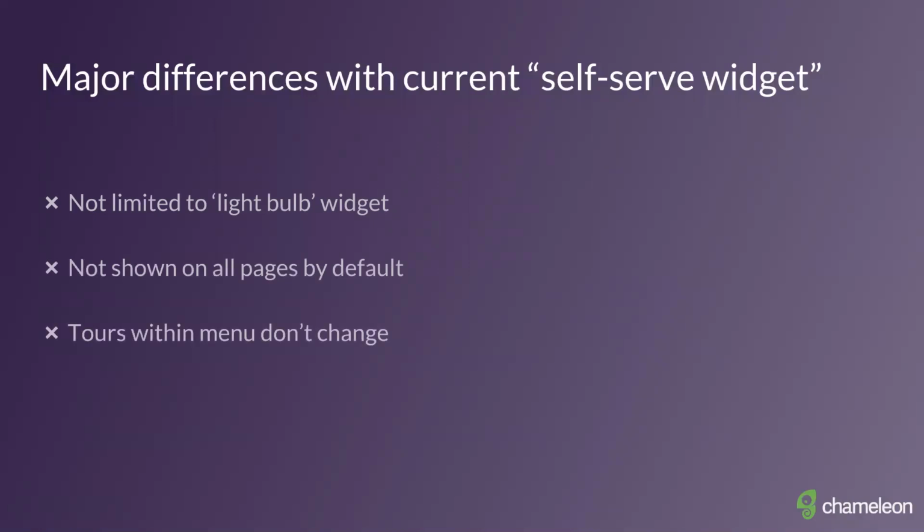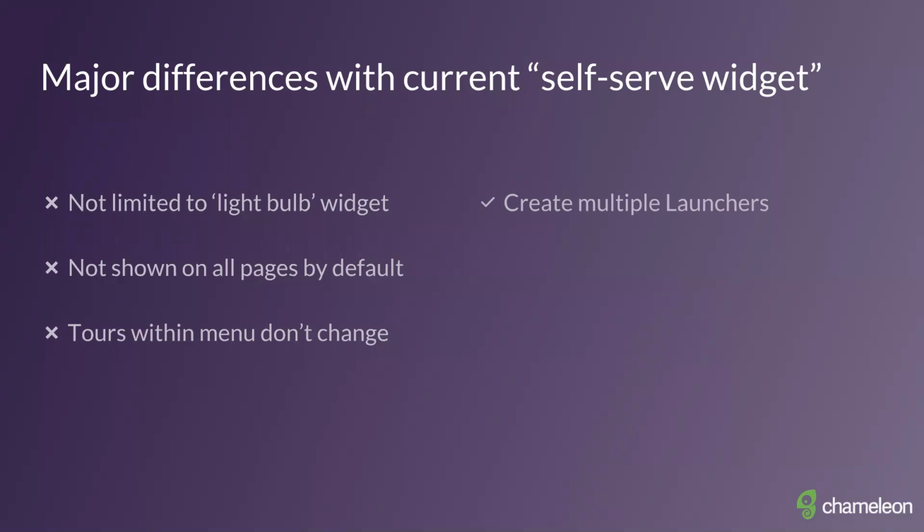And one thing, to avoid and reduce confusion, is that you don't change the list of tours that appear within a menu, so it's not different to different users. You can compose the whole launcher to be for a target audience, but there will not be a dynamic or varying number of tours within the menu.